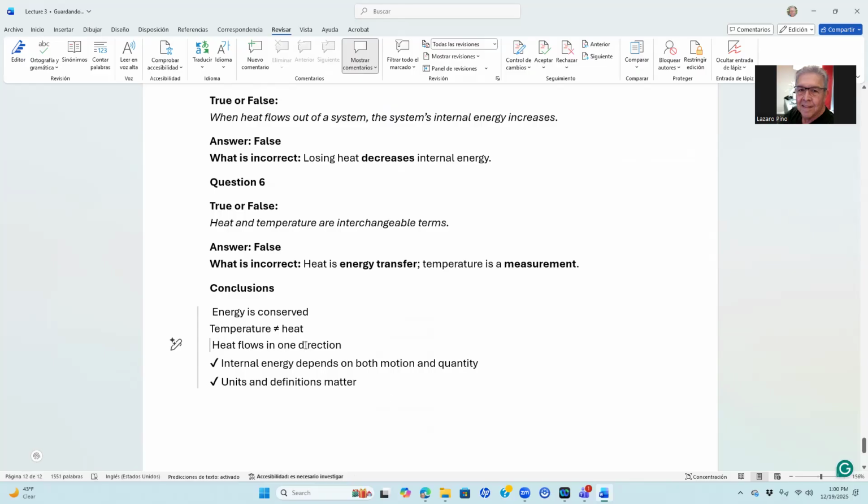Heat flows in one direction. Yes, heat flows from hot bodies to cold bodies. Internal energy depends on both motion and quantity. True. And which ones are the units and definitions that matter? Matter, first of all, matter is everything that exists.